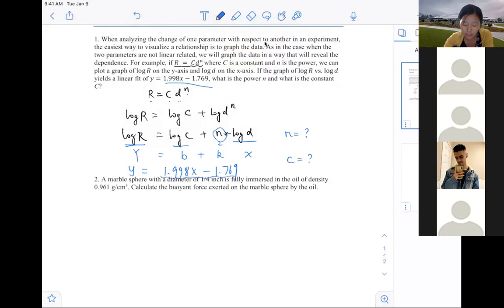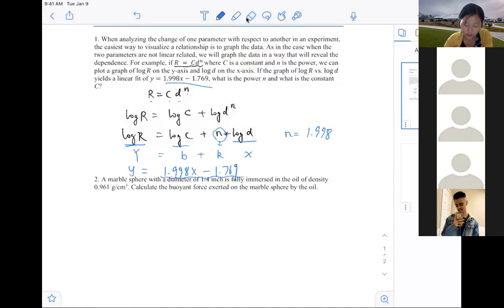Which one of these tells us n? n is the slope, the 1.998. Yeah. And c is the y-intercept. Yes, so this is our slope. And in terms of c, this is my y-intercept, and my y-intercept is log of c. So I know that log of c is negative 1.769. So you can say c is e to the power of negative 1.769.